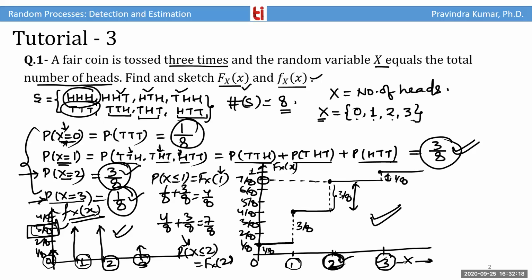So the probability of getting less than or equal to 2 heads is 7 by 8, while the probability of getting exactly 2 heads is 3 by 8. So all information is in the CDF.